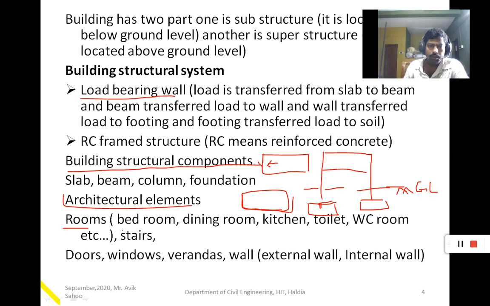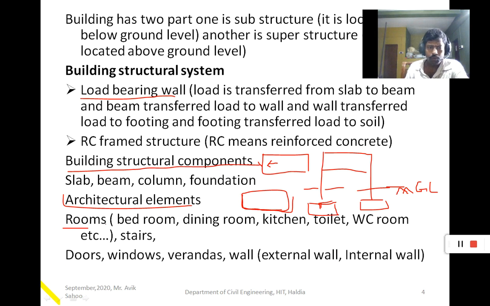So the bedroom, then dining room, kitchen, toilet, then washroom, WC room, etc., and the stairs. Those are called the architectural elements. Another things are doors, windows, verandas, and walls, which again have two types. One is the outer wall, another is the inner wall, the external wall and the internal wall. So those are the architecture.